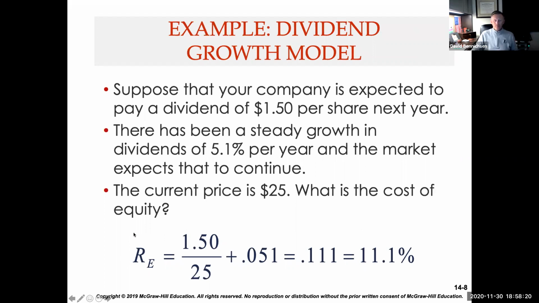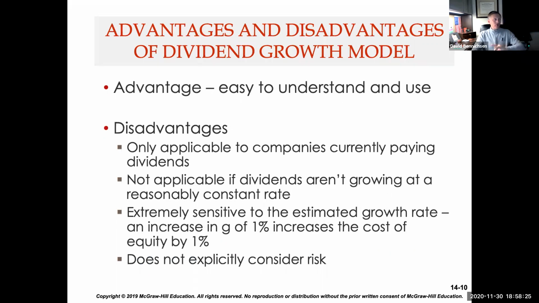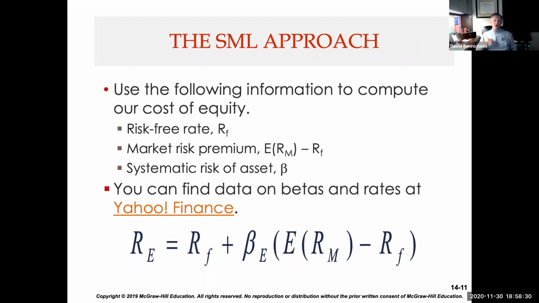But the second method, that we talked about last week, was the security market line approach, the CAPM approach, which utilizes the risk-free rate of return, the market risk premium, and then beta as a measurement of the firm's systematic risk, to determine the expected return of a particular equity.